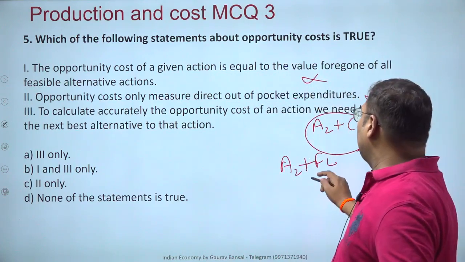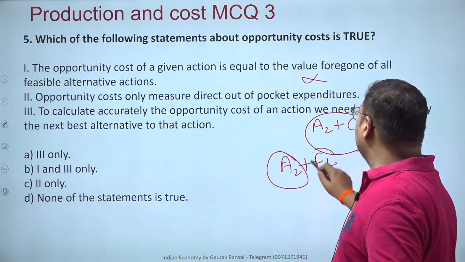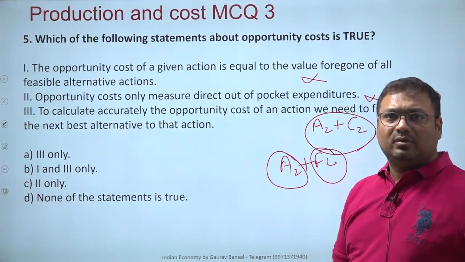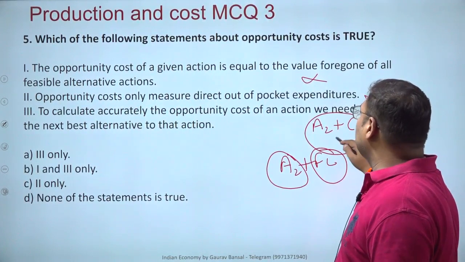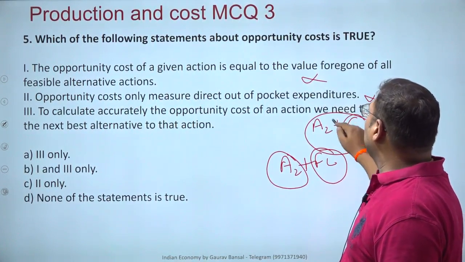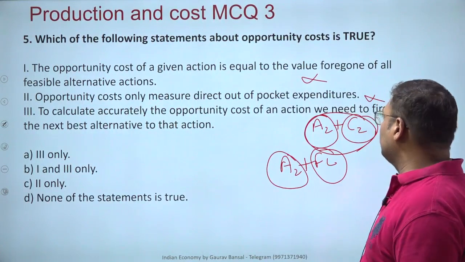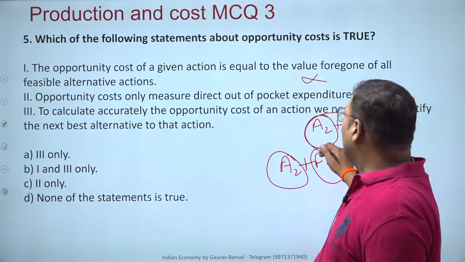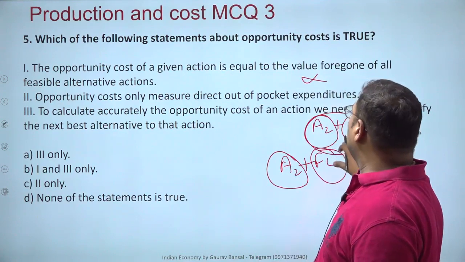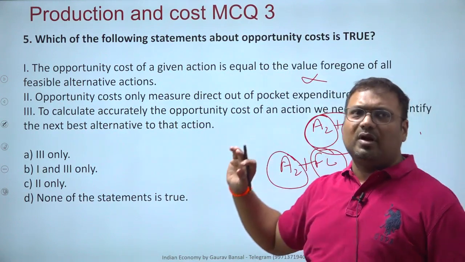A2 is actual cost, FL is family labor, sorry. And C2 is comprehensive cost. So this is opportunity cost, this is actual out of pocket expenditure. That is how we consider both of them. Okay. So we use this concept in MSP.